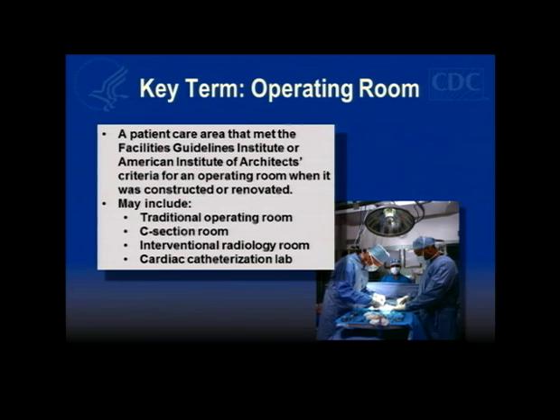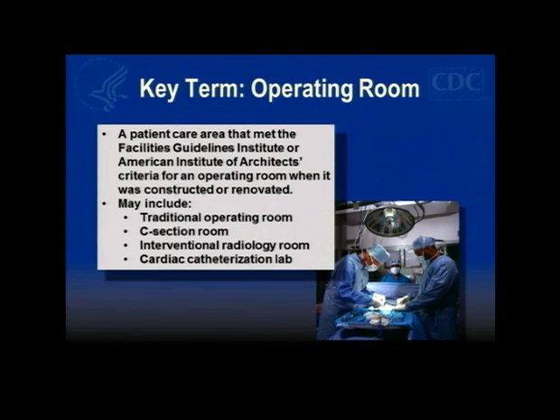Okay, what does an operating room mean in NHSN? An operating room is a patient care area that met the Facilities Guidelines Institute or American Institute of Architects criteria for an operating room when it was constructed or the last time it was renovated. So it needs to meet those guidelines for an operating room.